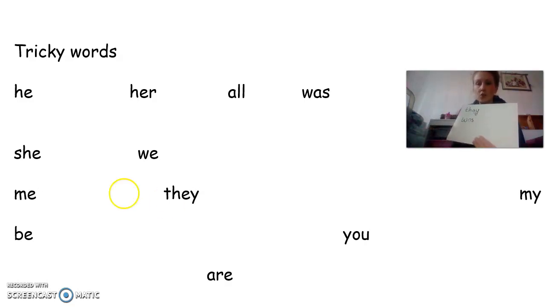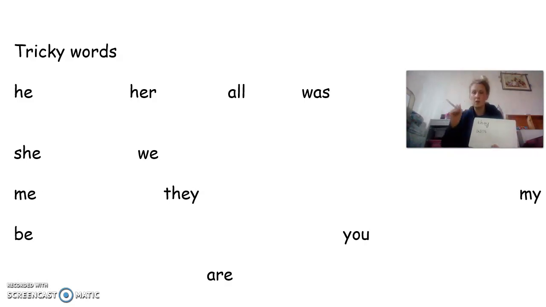But what's different about these tricky words is you can't sound them out. So we need to be able to read them and spell them without sounding them out because they are different. You've just got to be able to look at them and say them. We don't need to segment and blend these words. They're called sight words.